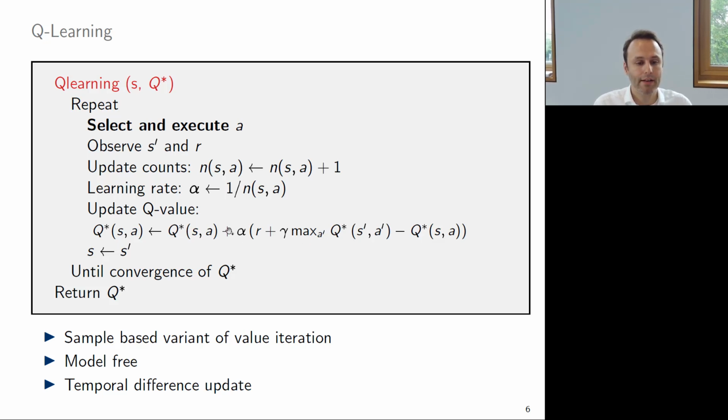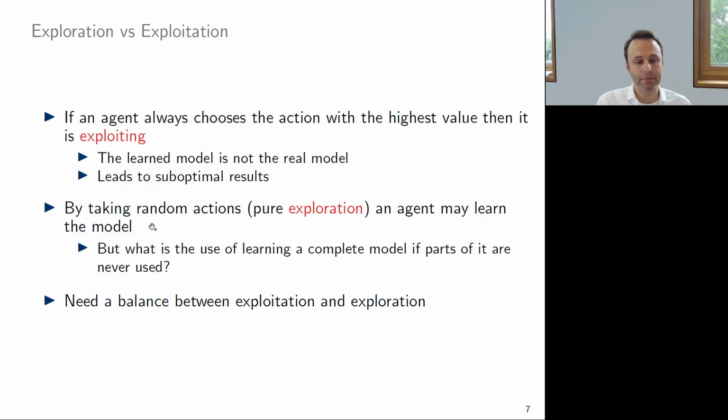Alpha says how much we want to incorporate of that signal into our new revised estimate of the Q function, and we do that repeatedly until convergence. So this is a model-free temporal difference update and a sample-based variant of value iteration. This updating is nothing else than value iteration, basically only based on samples.